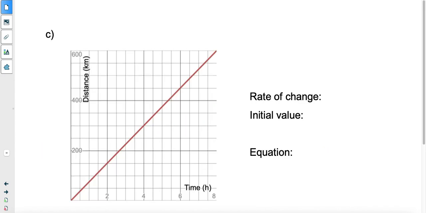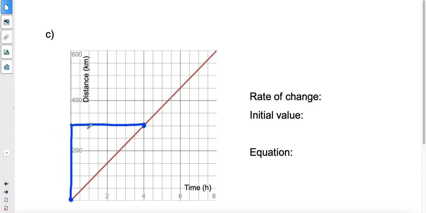To find the equation of the line, again, we need the rate of change and the initial value. So let's start with the rate of change here. Again, I'm just going to pick 2 points on this line. I connect these points with a triangle. And now let's look.